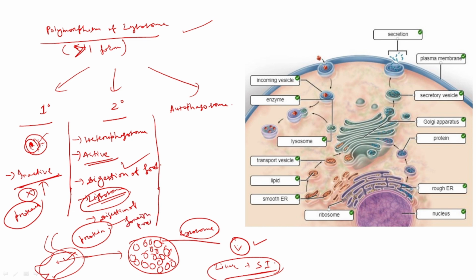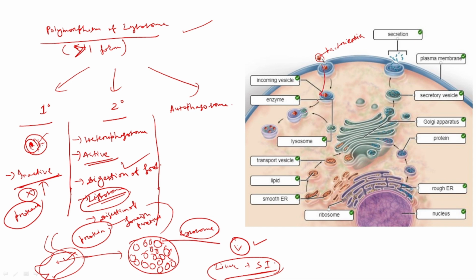What is a foreign particle? That is simply called an antigen. For example, let's say this is a bacteria or a virus. So what is a foreign particle? Anything which is not part of the cell or not part of our body, I mean outside body material. Let's say this is the bacteria, it enters into the cell.